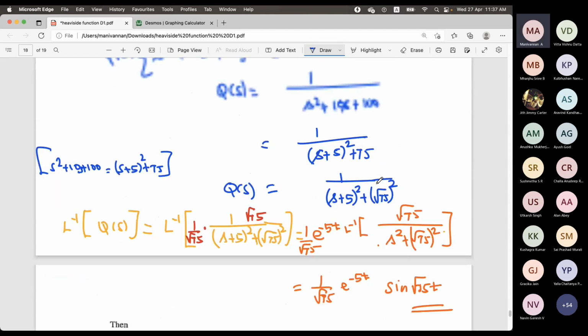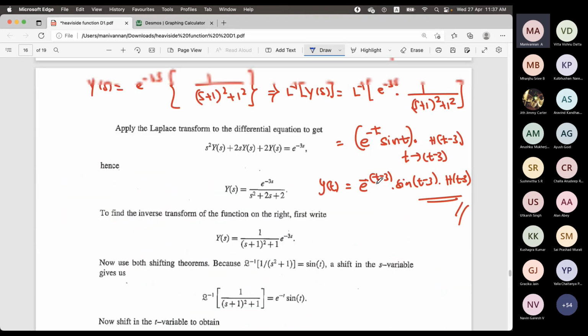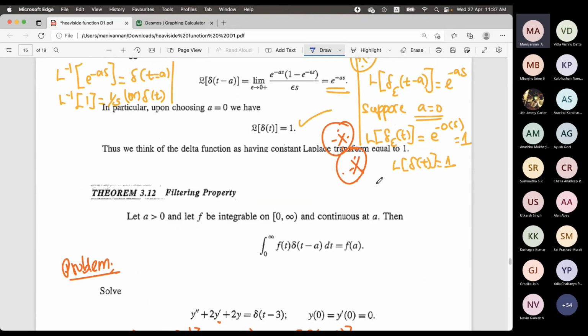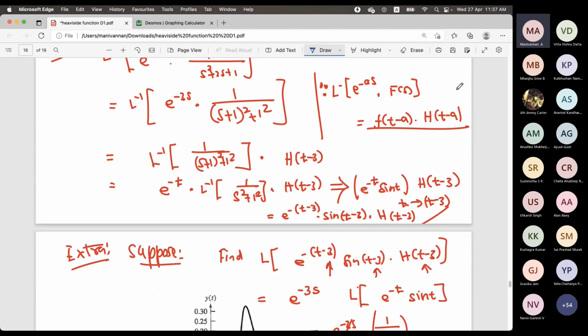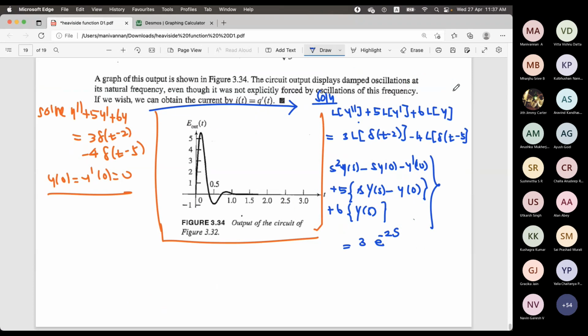Again, come back to this formula and go through that. Delta of t minus a means e power minus as alone. The same thing for unit step function means divided by s is there. Is it clear? Yes, sir. This is e raised to the power minus 2s and this is 4 times e raised to the power minus 5s.